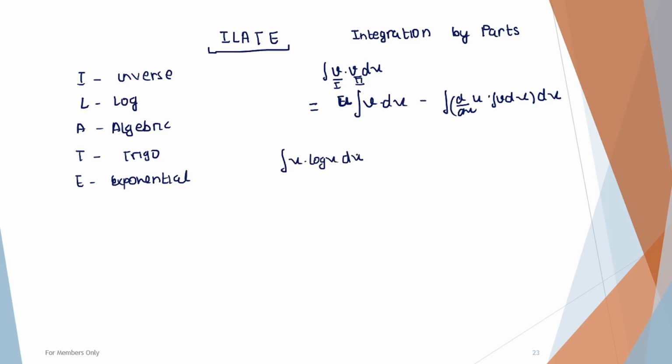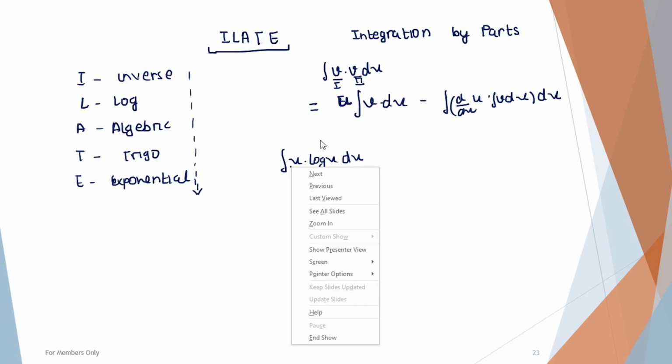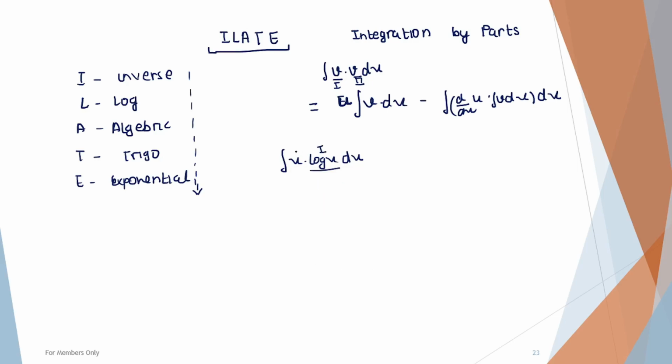Okay, so we will go through this list. So this is the decreasing priority. So first we will give priority to inverse, then log, then algebraic, T, then exponential. So log comes before the algebraic, so log x will be the first one and x will be the second function. So let me write log x and x dx.